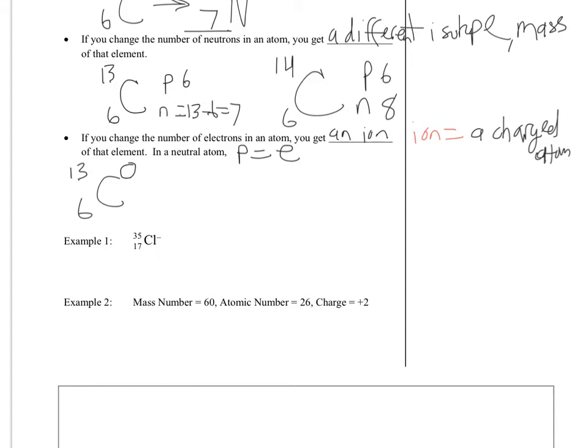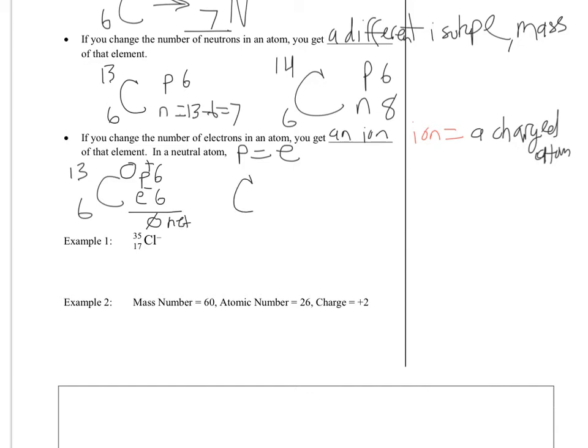What that means is that I have 6 protons, and that means I also have 6 electrons. So my overall net charge, with 6 positives and 6 negatives, is 0. That's my net charge, okay?